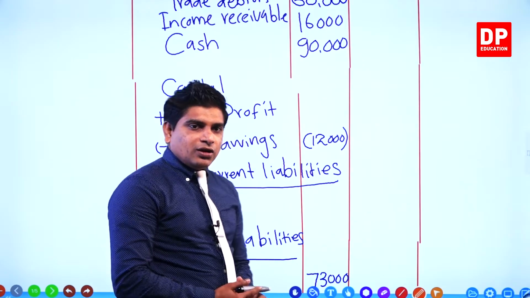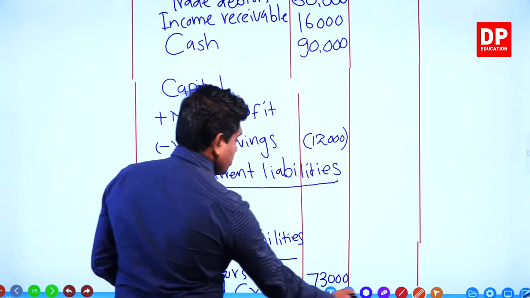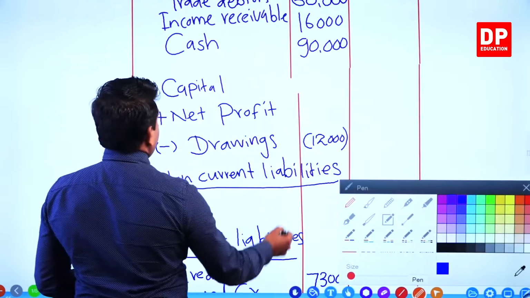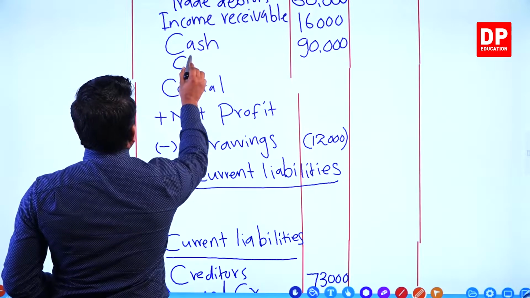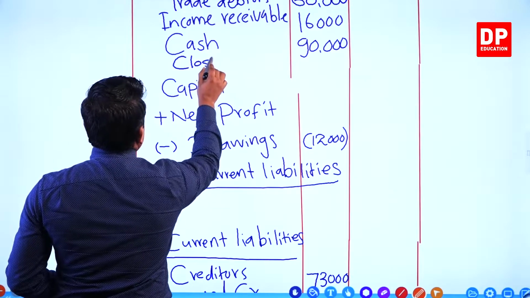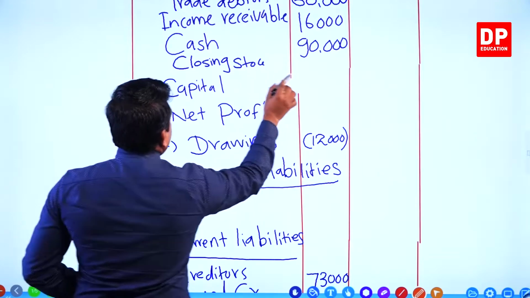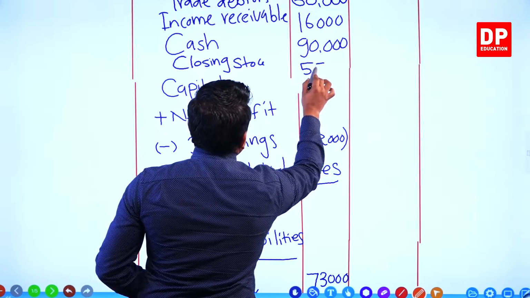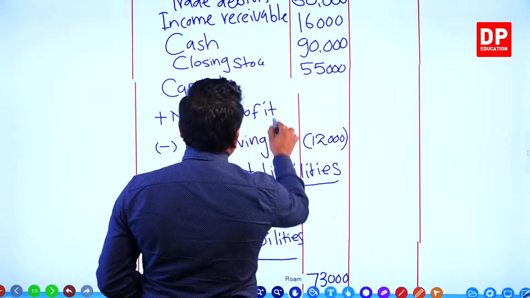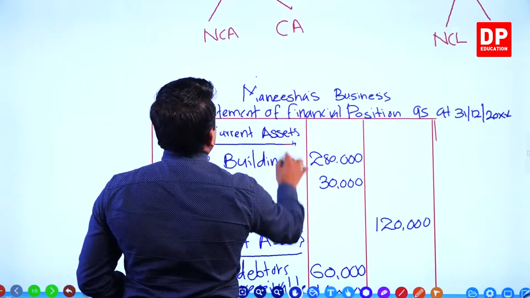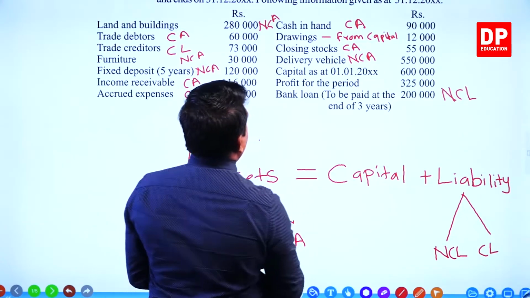Closing stock, we will see how much. I think 55,000, right? Closing stock 55,000. Right, now we go to the next detail.